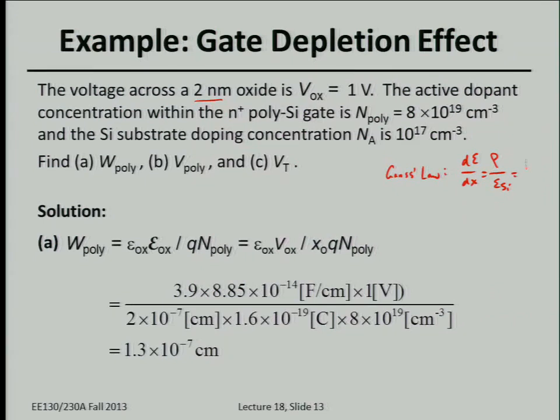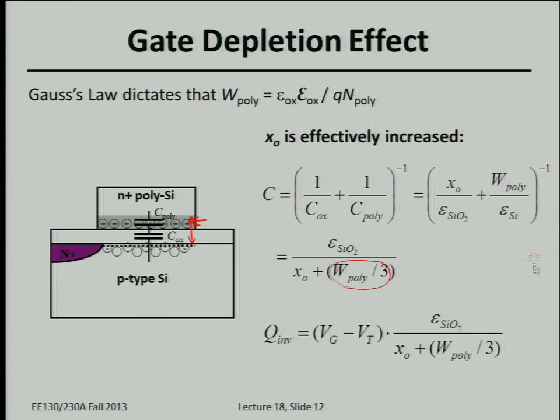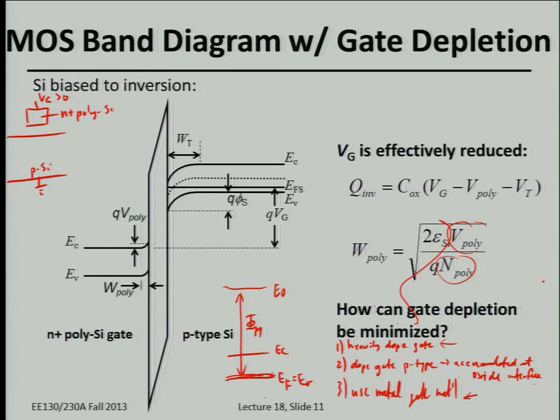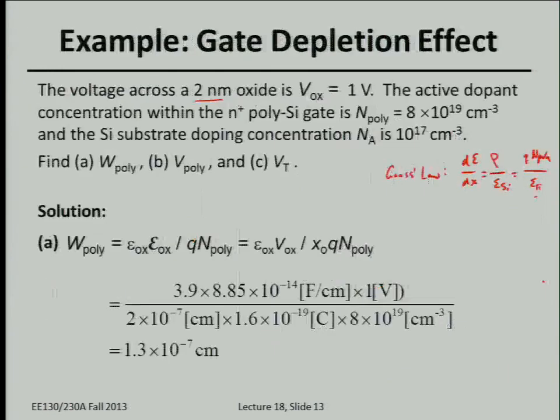But then this is equal to Q times the doping in the polysilicon. So let's integrate all of the charge in the silicon, and then see what electric field that results in the oxide, in the polycrystalline silicon gate.